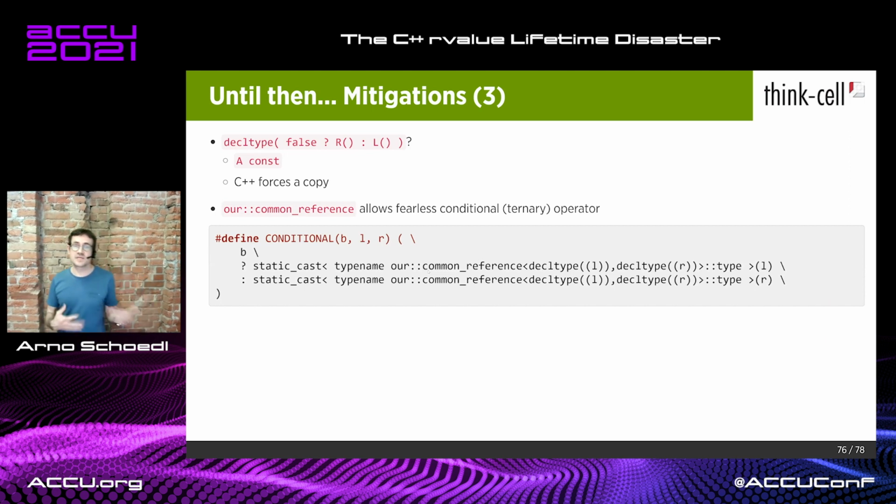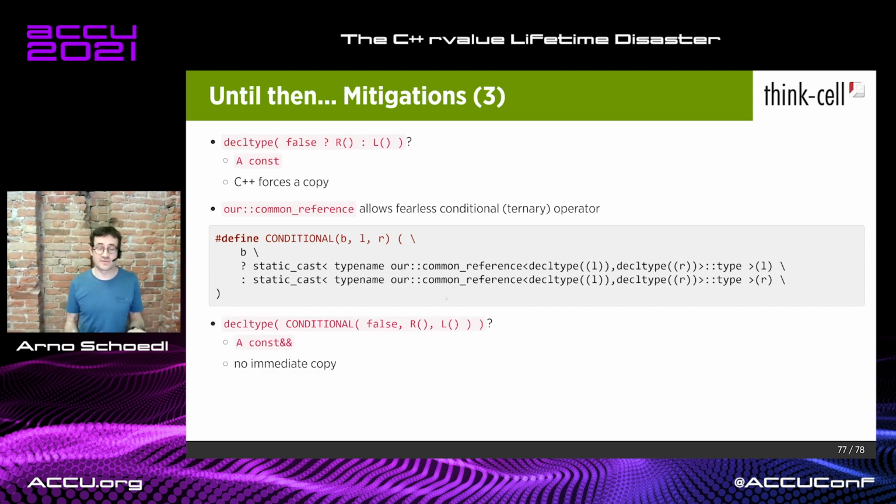If you're using the common reference that we just defined in the previous slide, before you employ the ternary operator, you could cast the two arguments to a common reference according to the common reference we defined, and you can package that into a macro, and then you at least get something efficient out. So if you have an rvalue reference and lvalue reference, that would return an rvalue reference, which doesn't make an immediate copy of one of the two references. It's more efficient that way.